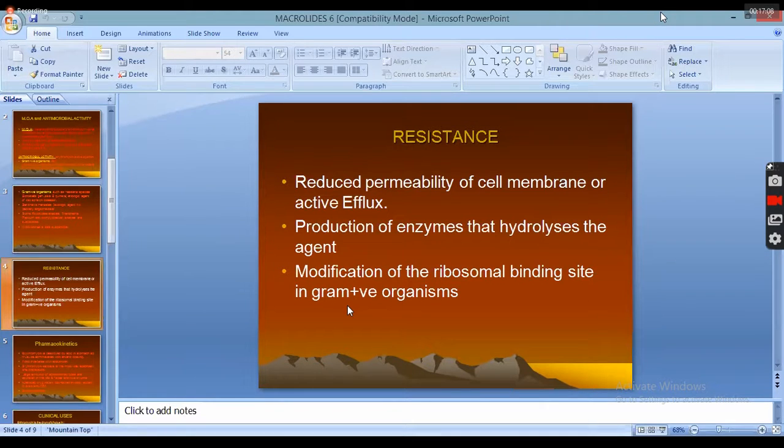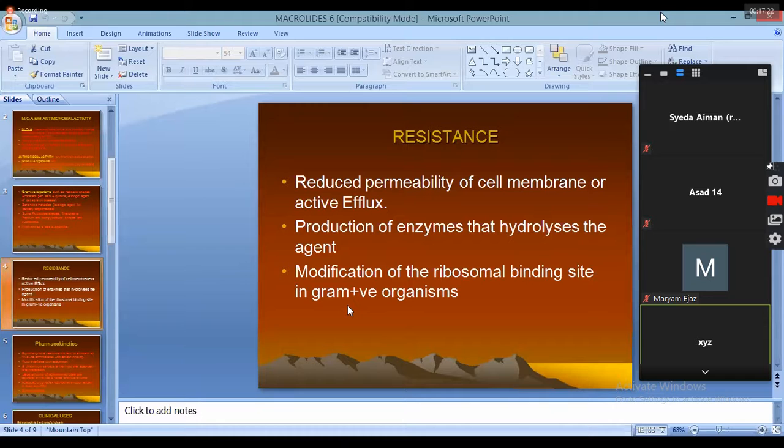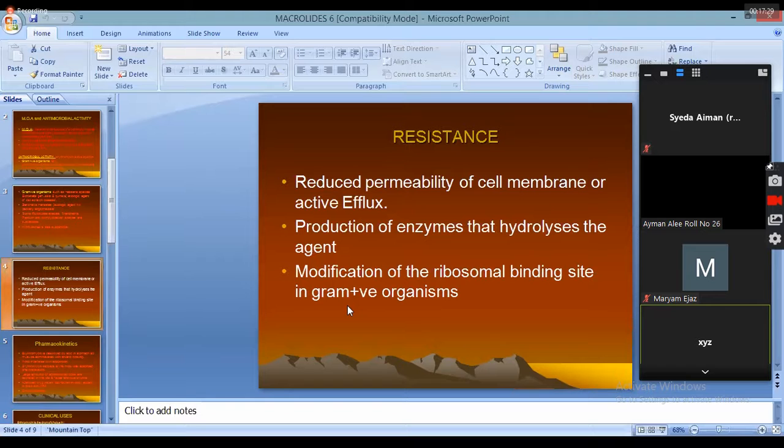Secondly, is the production of enzymes. If you remember in penicillin, the main reason for the resistance to penicillin was the production of the beta lactamases produced by the bacteria. Here it is on number 2. So these mechanisms of resistance remain the same, but the particular mechanism may change for a specific agent.